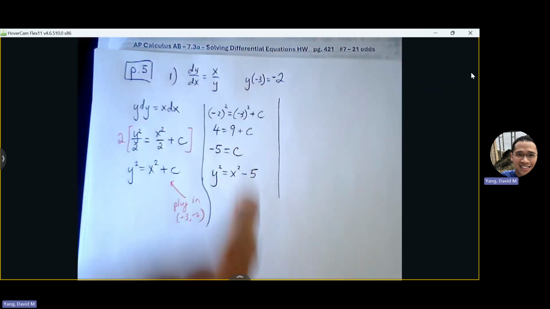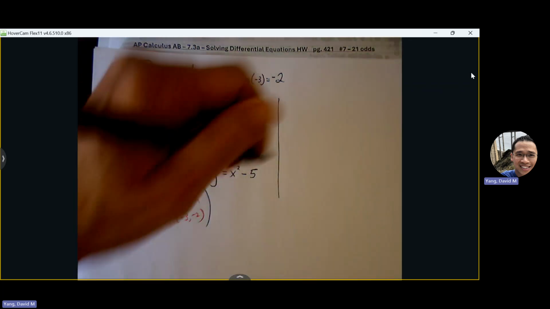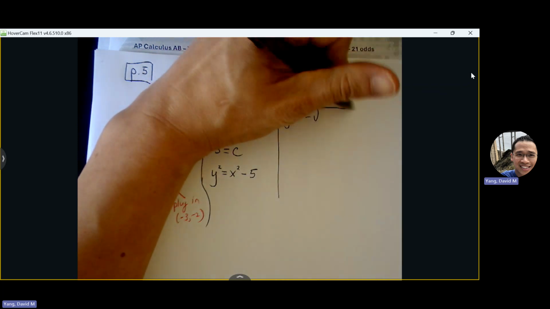Once you have y squared by itself, once we have C figured out, I can solve for y, take the square root. But when you take the square root, there's going to be a plus or minus that shows up.